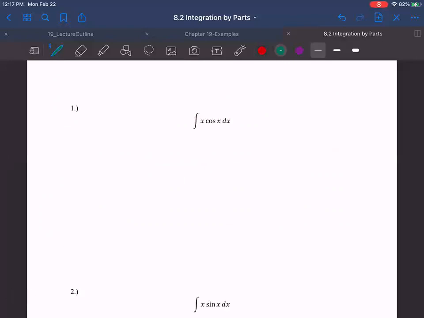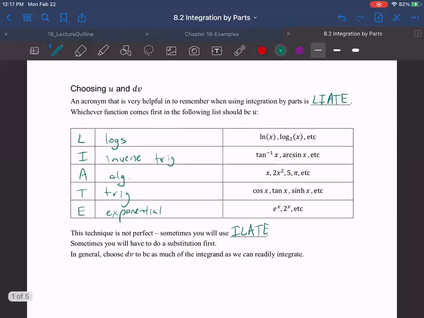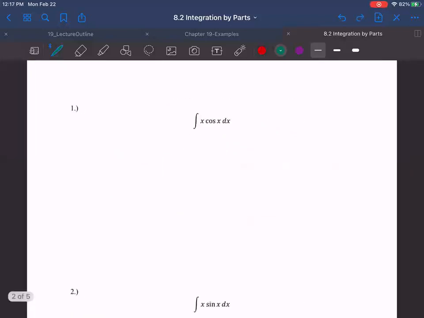The integral of x times the cosine of x. If we look at our previous list, we wanted to pick algebra before trig, right? So we'll try that. We set u equal to x. This will be what we take the derivative of. And then our antiderivative will be dv equals cosine x dx.